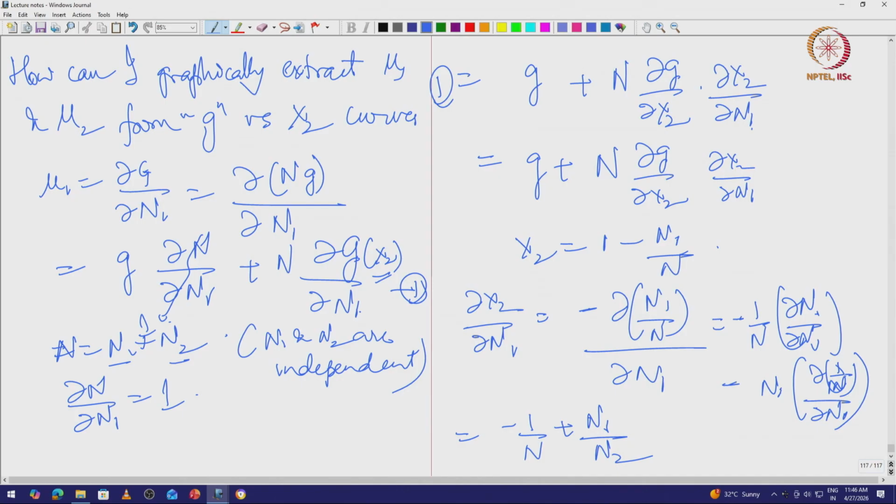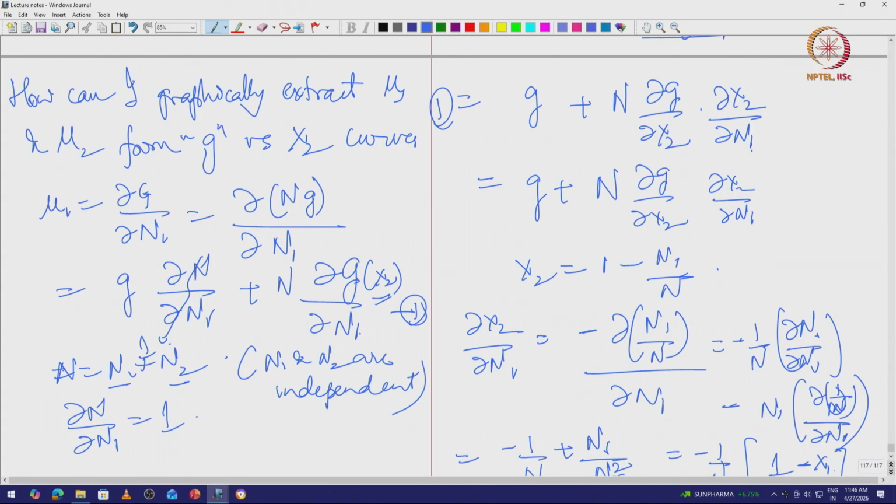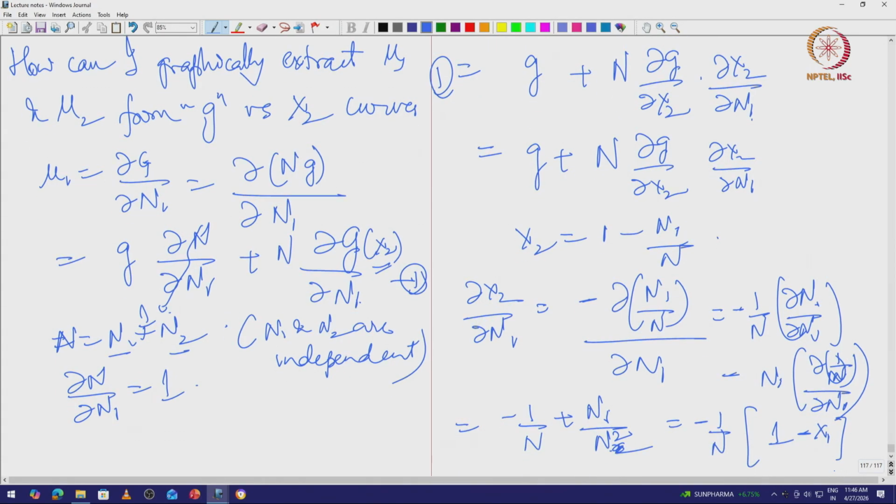The 1 by n I will take out: this is n1 by n, that is minus x1, so minus 1 by n times 1 minus x1. And 1 minus x1 is nothing but x2. So, this will be minus x2 by n.